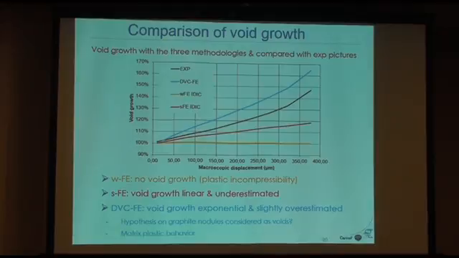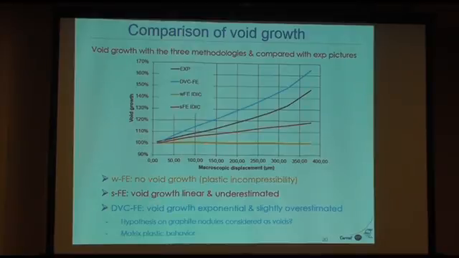But when we did this first simulation in the macro scale, what we assumed was plastic incompressibility. Okay, so when we apply the boundary conditions at the micro scale, what we observed is no void growth at all.